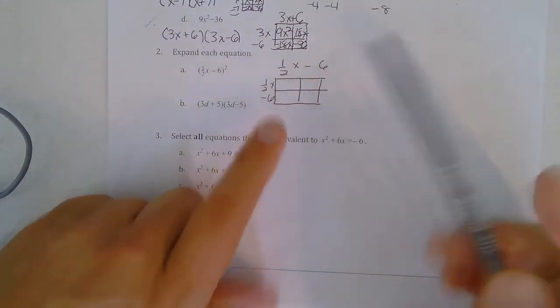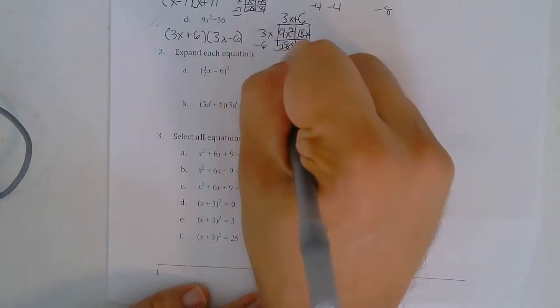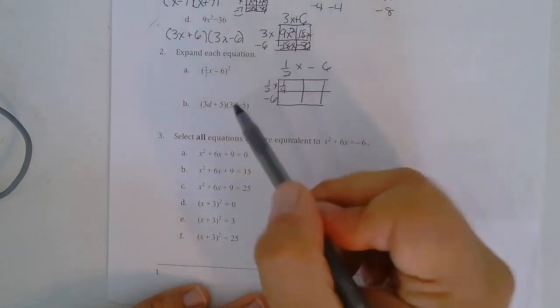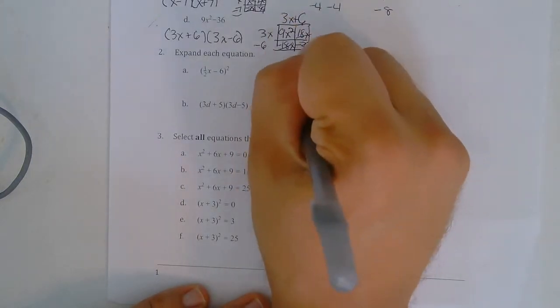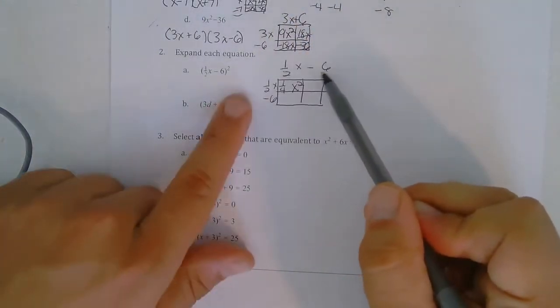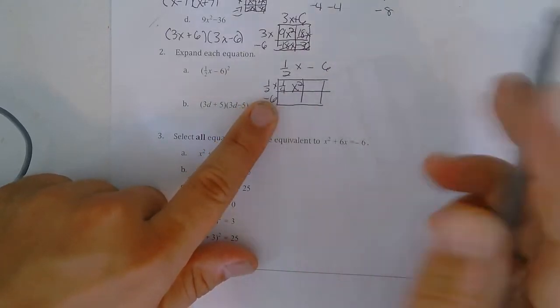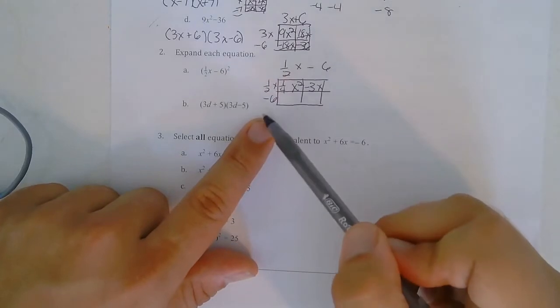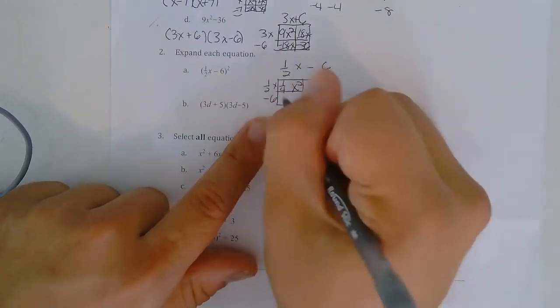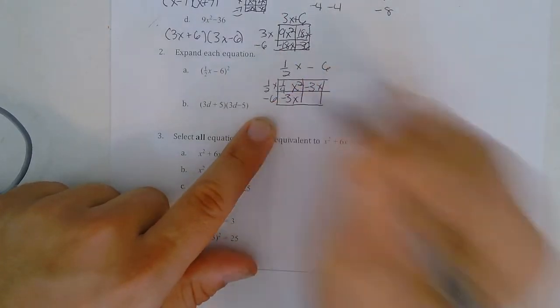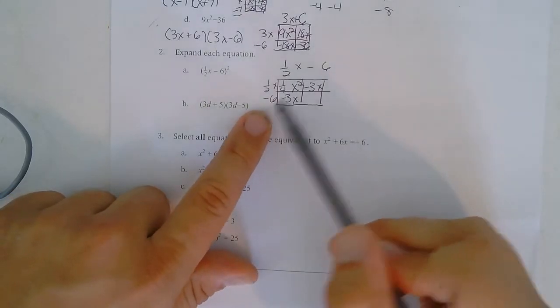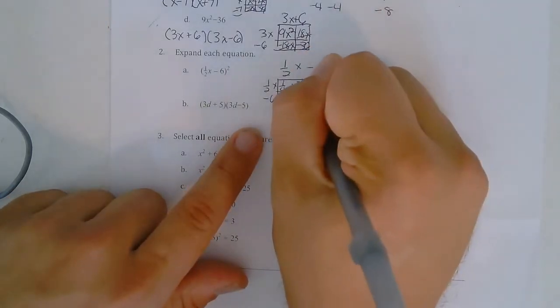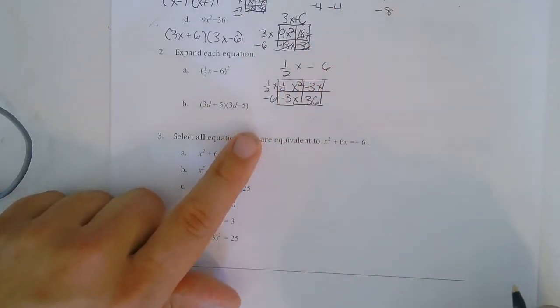Now, 1/2 times 1/2 would be 1/4. So multiply the numbers there. And then x times x makes x squared. 1/2 times negative 6, well, half of negative 6 is negative 3x. And then again, half of negative 6 here would be, again, the negative 3x. And then negative 6 times negative 6 would be plus 36.